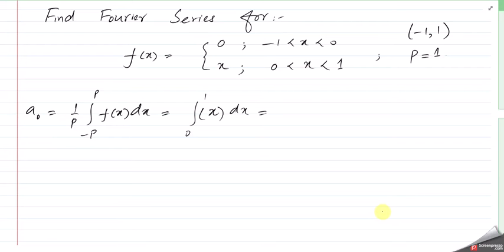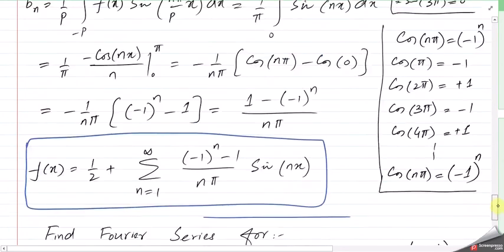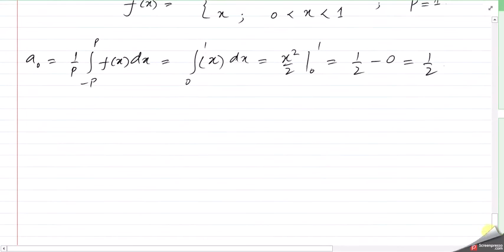So we must divide the integral into two, -1 to 0 and 0 to 1, but because -1 to 0 is 0, we don't need to write that part. This one gives x squared by 2, 0 to 1, and that gives 1 by 2 minus 0, so in other words 1 by 2.